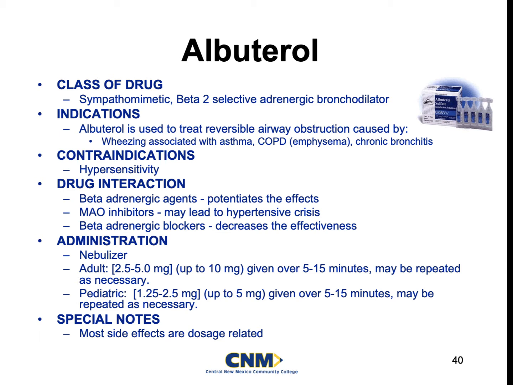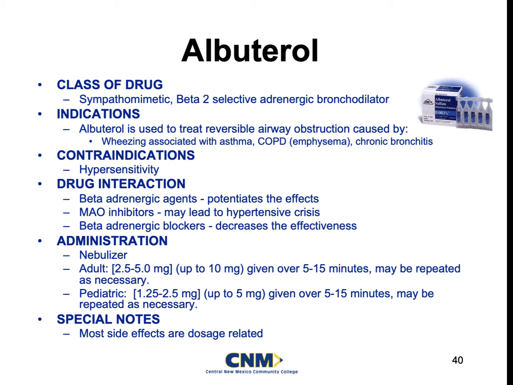Beta adrenergic blockers, there's a lot of people that just call them beta blockers. Beta blockers are used for people that have some kind of cardiac condition, that might have, for whatever reason, a faster heart rate than a doctor might want, or somebody that has high blood pressure. They could be on a beta blocker in order to slow the heart rate down in order to keep the blood pressure down, okay?